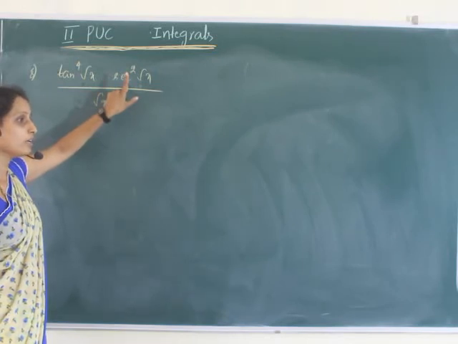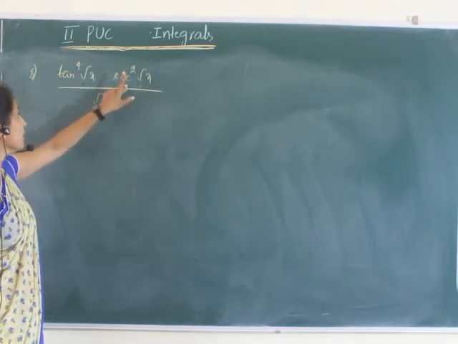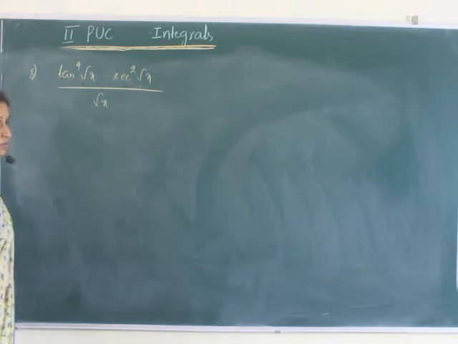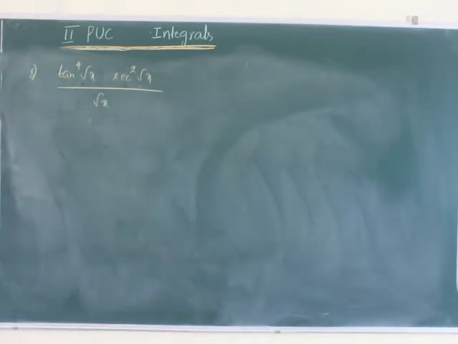So we have to make a substitution for tan root x also. What is the derivative of the tan function? That is secant square root x, correct? Therefore, we have to make a substitution for tan root x.